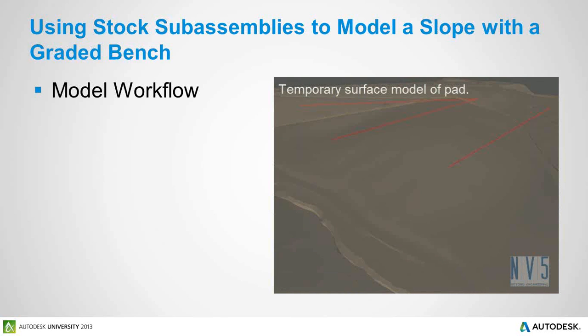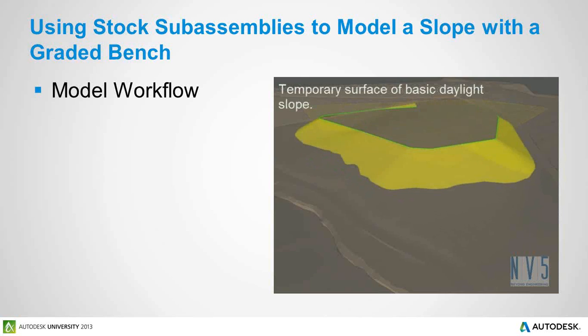So we have a reference point that we know our pad needs to be at, and then we're going to drain these to the south, to the left, I guess, in this image. And we built a surface model from that, so you can see there's the surface and the contours. I then did an alignment of the perimeter of our site, and then we project that up to get a finished ground surface profile from that.